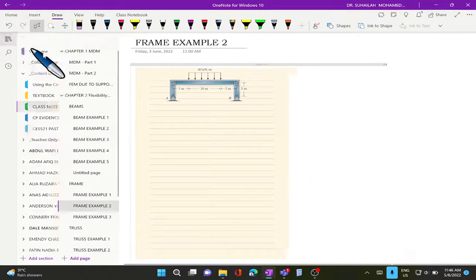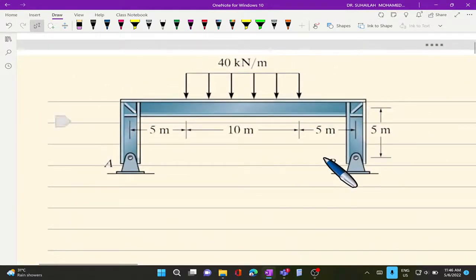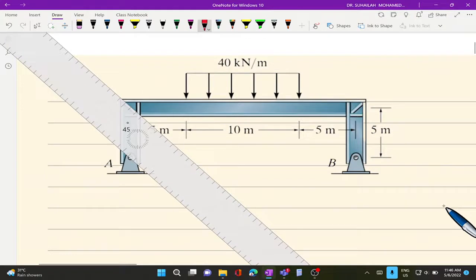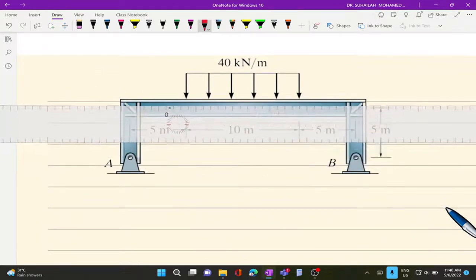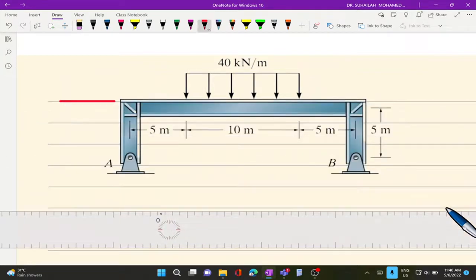Okay, so let's say this is the same type of frame. In this case, I would like to add a horizontal load and I want to add a moment.